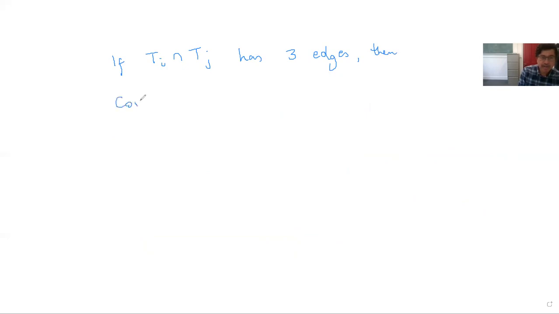Then the covariance again of these indicators, starting with the definition: the expectation of the product, minus the product of the expectations.